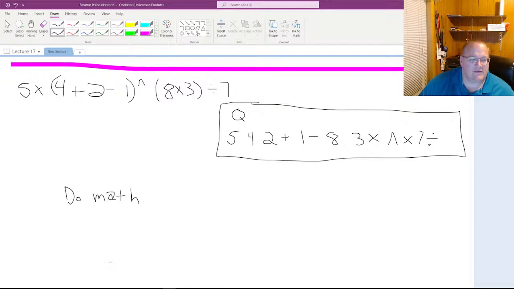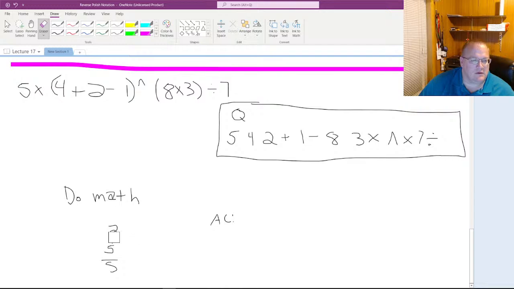Okay, so we have a stack and then an accumulator. The 5 goes on the stack, 4 goes on the stack, 2 goes on the stack. We found an operator. So then we take the two things and do the operation on them, right? So this would be op1 and this would be op2.